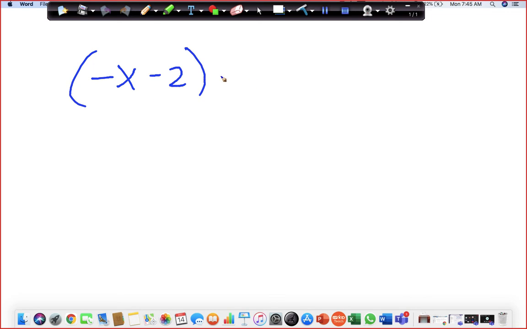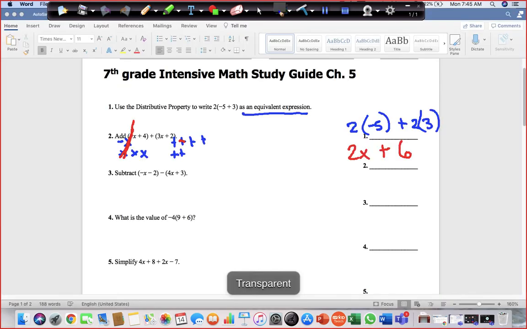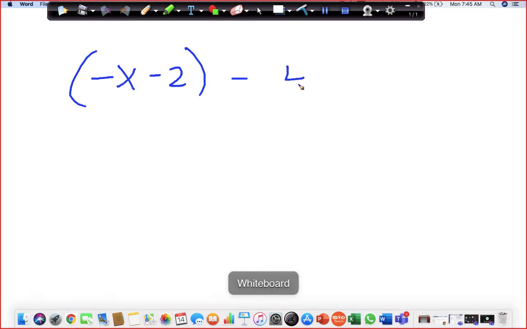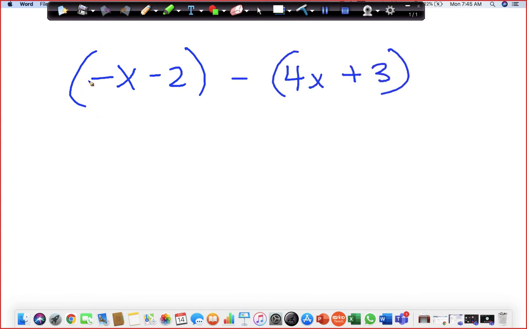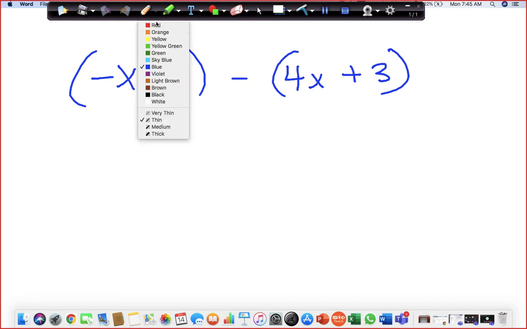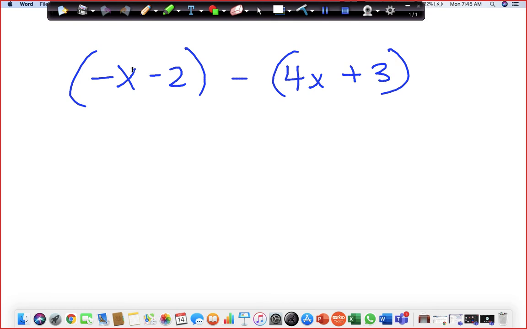We have -x minus 2 minus 4x plus 3. Okay, so we've got -x minus 2 minus 4x plus 3. Anytime you have a subtraction sign in between the two expressions, you need to change it to addition and then change the signs of the second parentheses. So this +4x becomes a -4x, and this +3 becomes a -3.